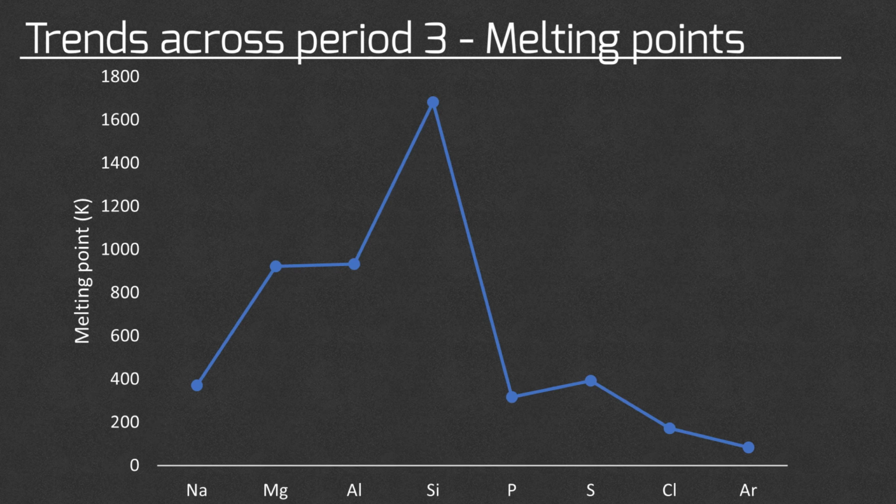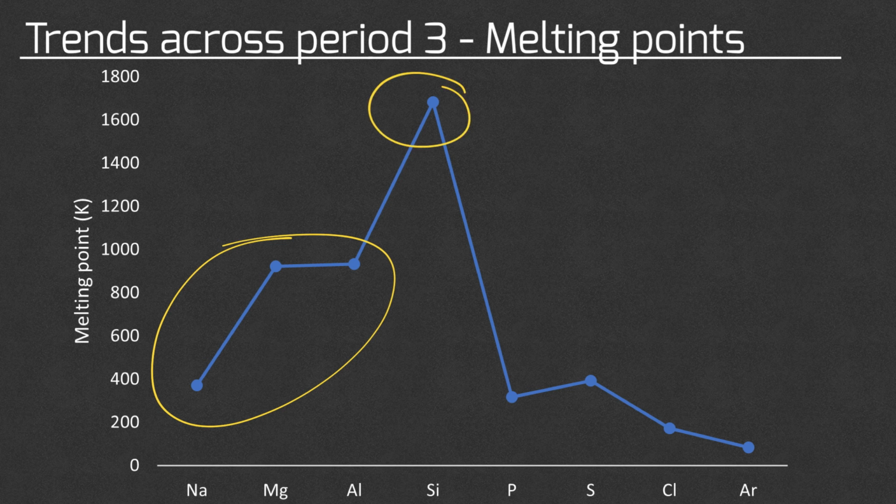So we've now covered the trends across period 3 in terms of the melting points. We've said that the trend across the metals, sodium, magnesium and aluminium, is that as you go across the period, the melting points increase. This is because as you go across, the metallic bonds get stronger, therefore more energy to overcome those electrostatic forces.